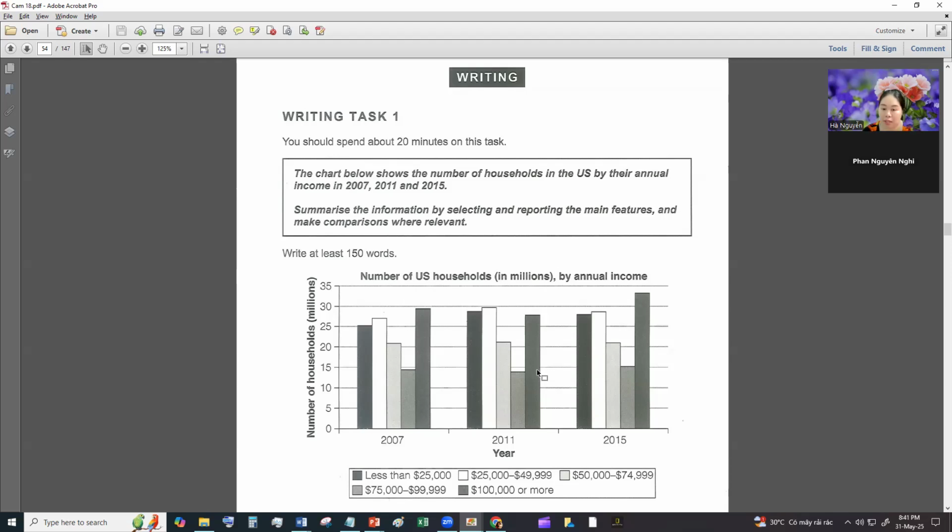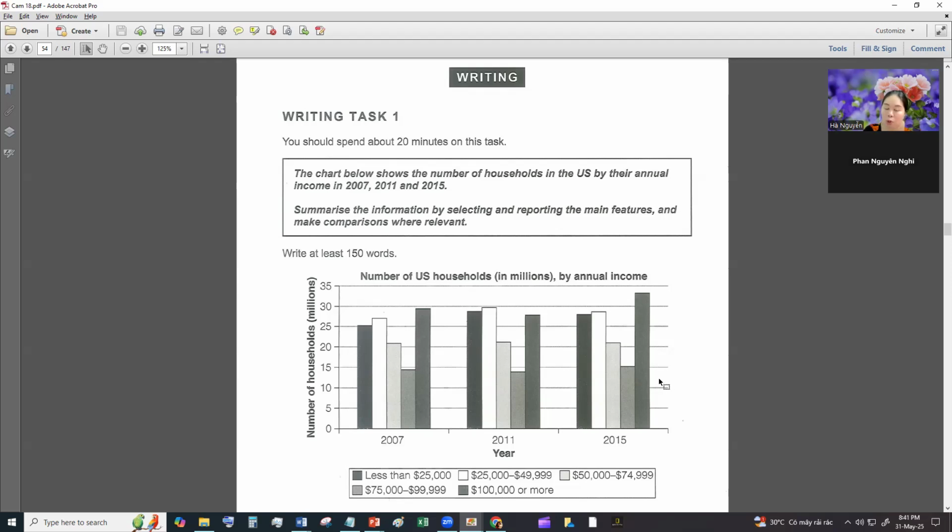You can go in individual years, so 3 body paragraphs, one for 2007, one for 2011, and one for 2015. That's one way. But this approach does not allow you to compare across the years.